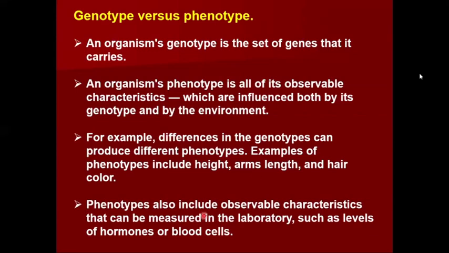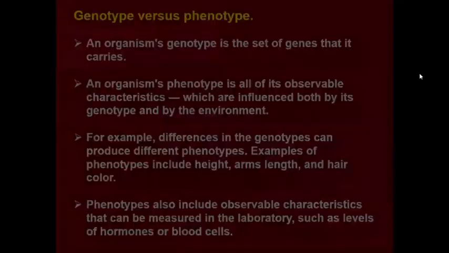Phenotypes also include observable characteristics that can be measured in the laboratory. So if you request a complete blood count and the results come in, then the number of red blood cells and the number of white blood cells can be considered a phenotype.